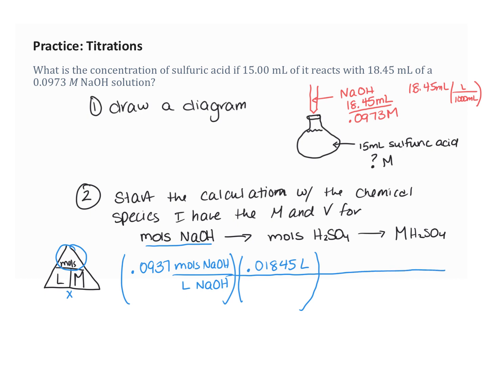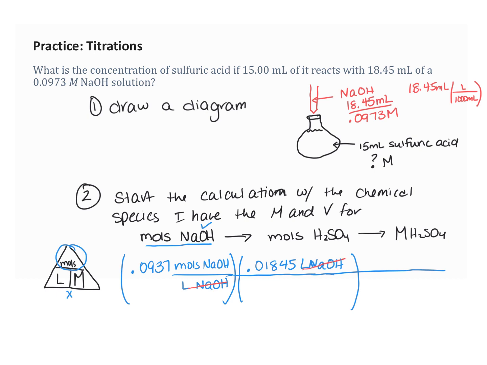So I can stop here and do this math, but I'm going to go ahead and do one more step. So we've gotten, this will give us our moles, because we can see here where our liters of NaOH cancel there.